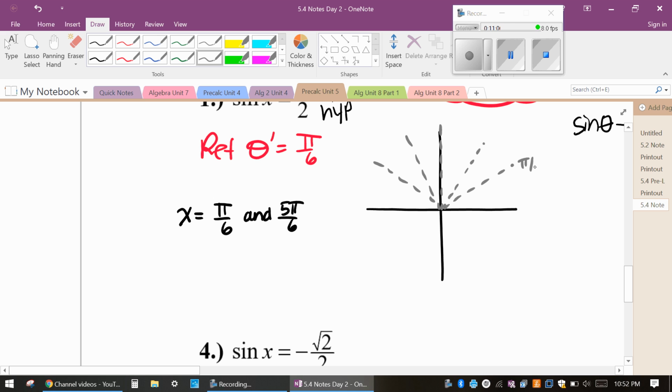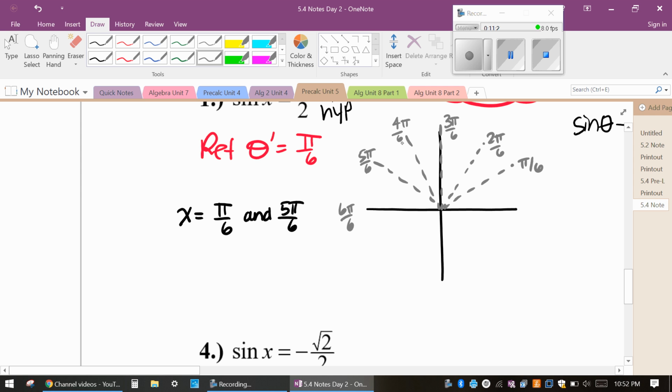So this is 1 pi over 6, 2 pi over 6, aka pi over 3, 3 pi over 6, aka pi over 2, 4 pi over 6, 5 pi over 6, and 6 pi over 6.